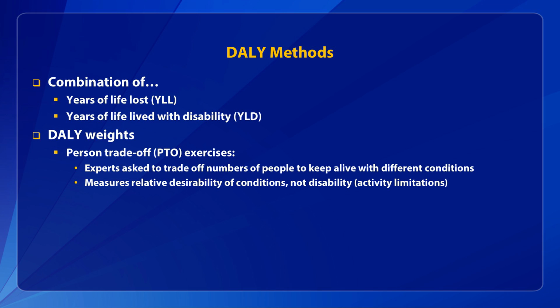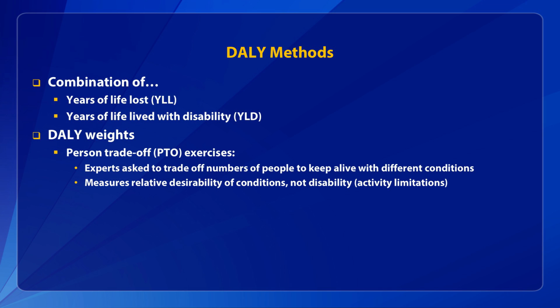Disability-adjusted life years are derived from the estimates of years of life lost, which is a common metric to measure burden of disease internationally, and years of life lived with a disability. It's essentially the same thing as quality-adjusted life years, in that life expectancy in life years is adjusted for the number of years living with a disability.